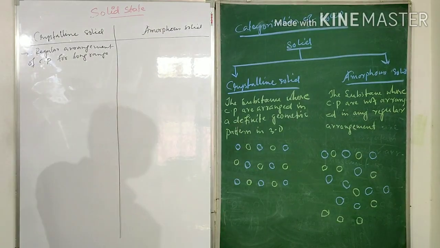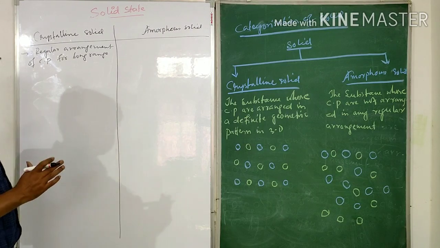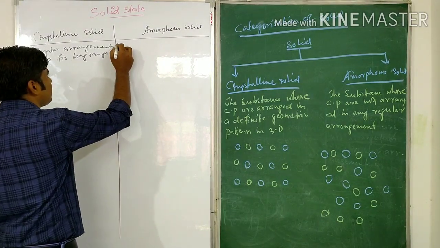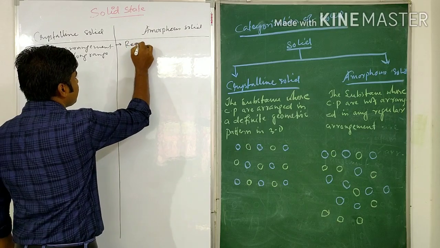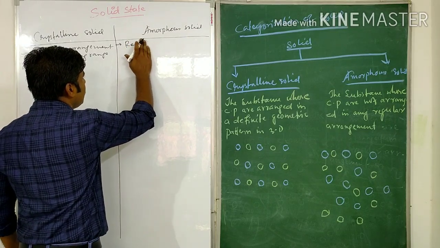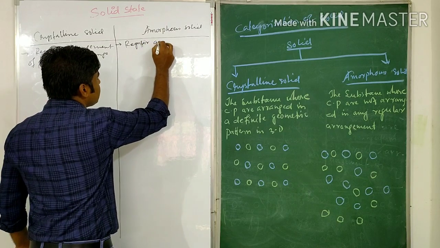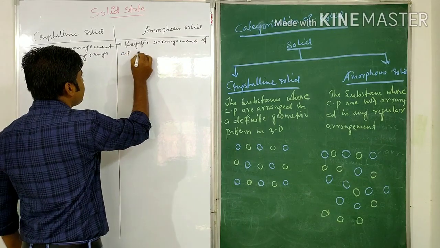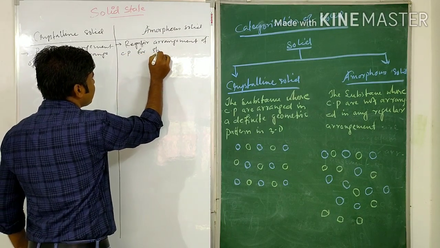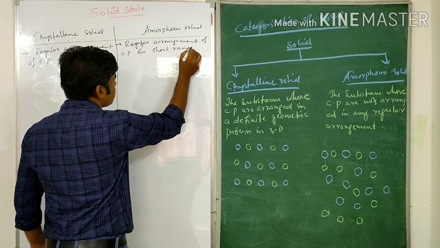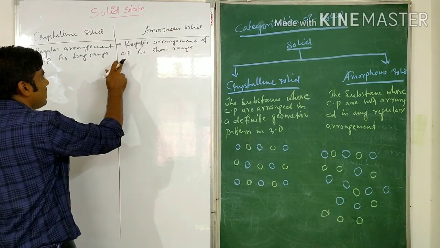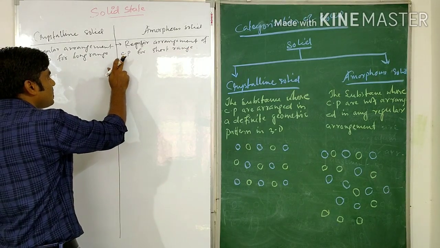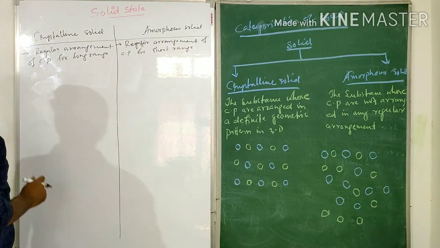But in amorphous solids, the regular arrangement of the constituent particles may exist, but not for long lengths, only for short lengths. So I will write: regular arrangement of constituent particles for short lengths. Here the constituent particles are represented by CP, that means constituent particles.